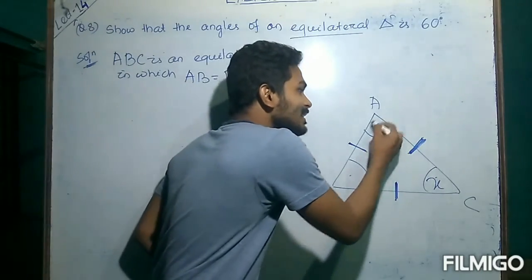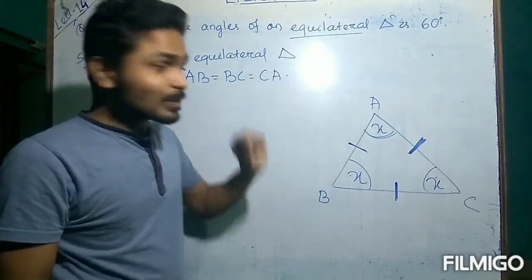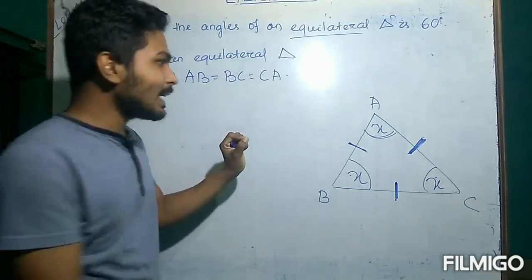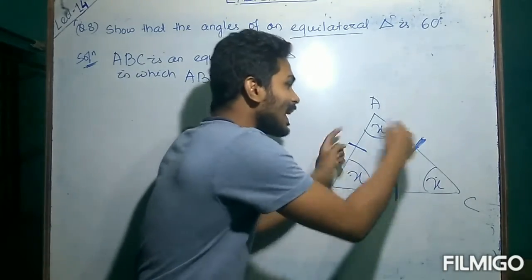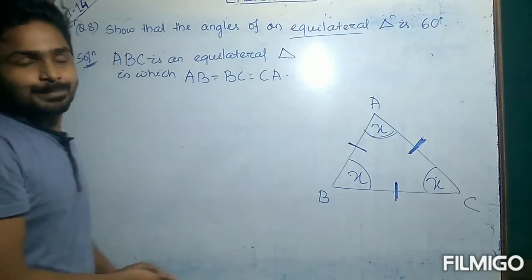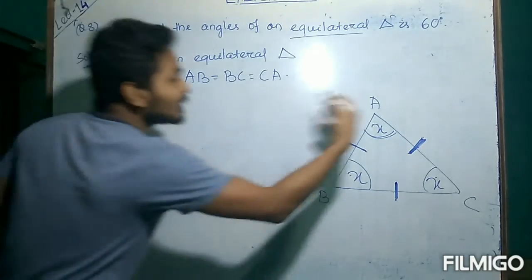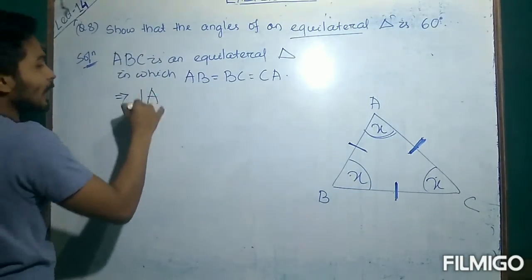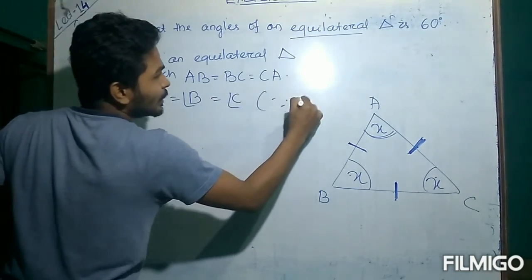Since we have taken that this angle is x, then what is the value of this angle? Also x. So literally, it concluded that if all the sides of a triangle are equal, then their angles are also equal. Okay, since here all the three sides are equal, then we can write all three angles are also equal. So angle A is equal to angle B is equal to angle C by theorem 7.2.